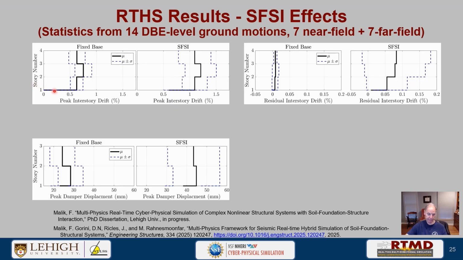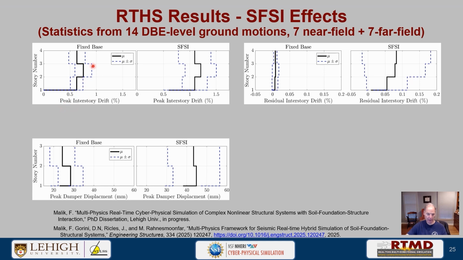We have at the ground level, this is actually the first story, second story, and the third story. The solid thick line is the mean, and the dashed lines are plus or minus 1 standard deviation. So what I'm highlighting here would be 1 standard deviation above the mean, which is the 84th percentile.